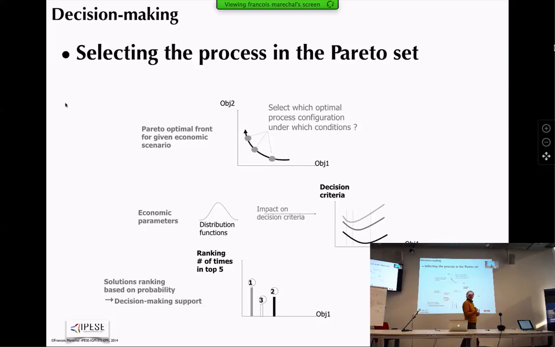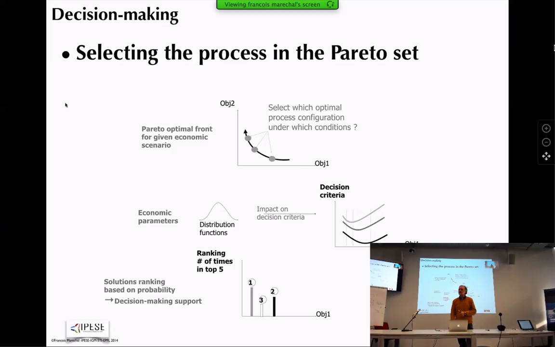And if one configuration is in the top 10, it receives 1 point. I do it 3,000 times, and I look at who has received the most points. And this one is the one that has the highest probability of being the best in the uncertain economical world. Which allows me then to identify who are the best systems.